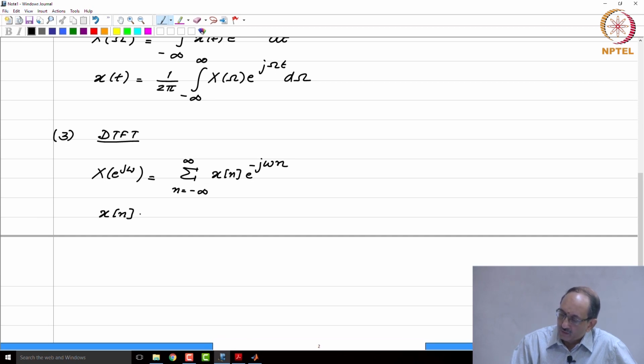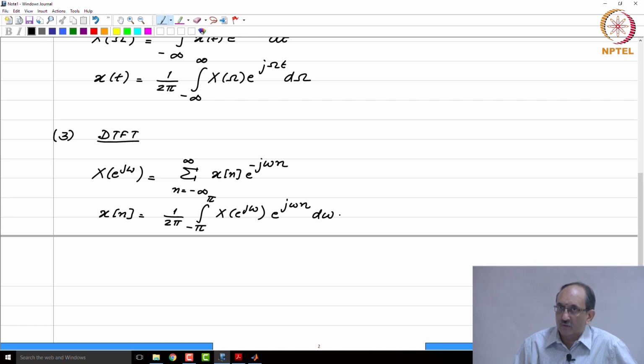Then the IDTFT was 1 over 2 pi integral from minus pi to pi of X of e^{j omega} e^{j omega n} d omega. So, this was the inverse discrete time Fourier transform.